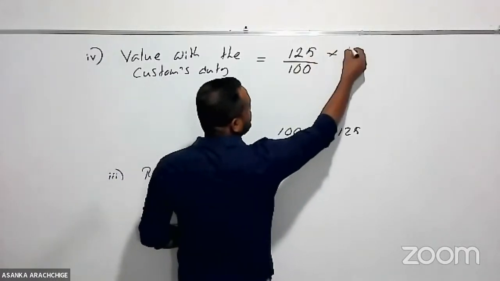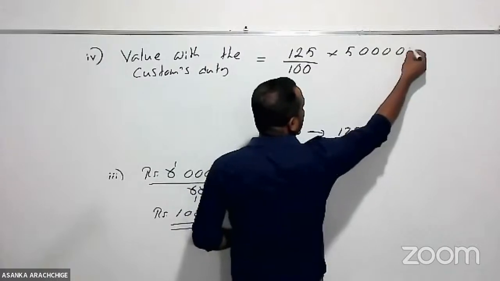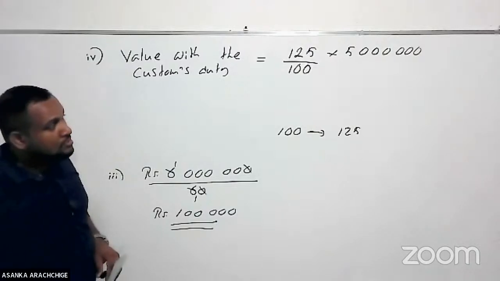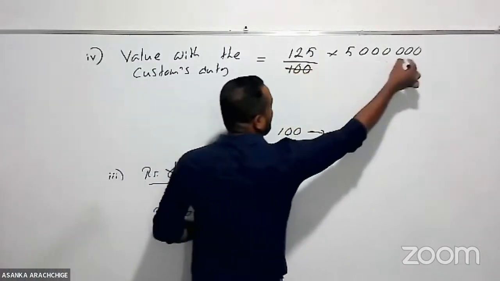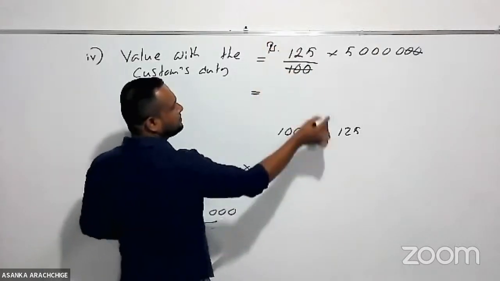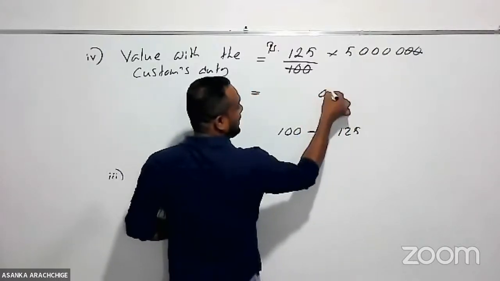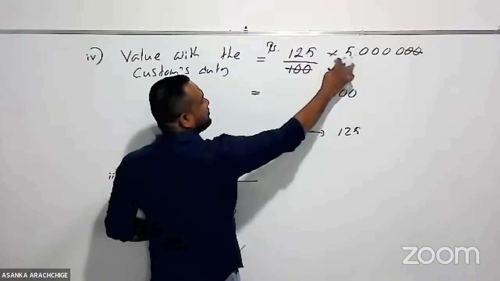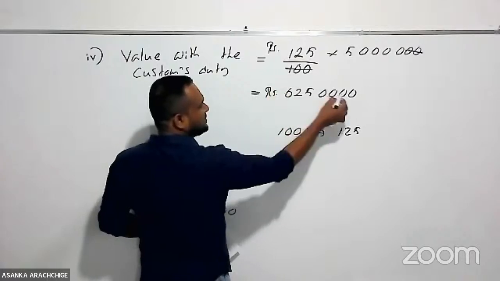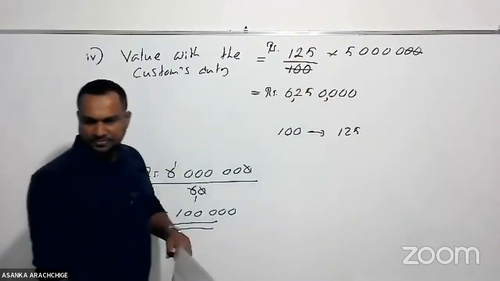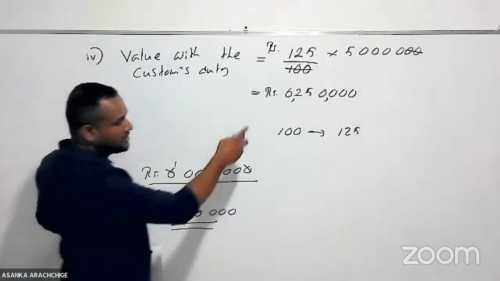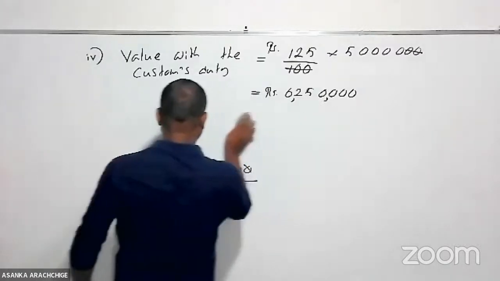Then what is it for a 5 million rupee item? 100 and the last two zeros can be cancelled, 4 zeros. 5 times 125, 625. Now this is the new value, 6,250,000 rupees.